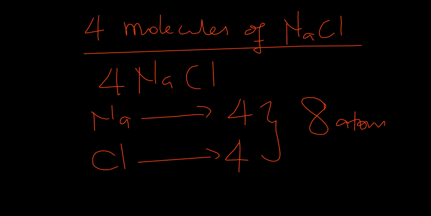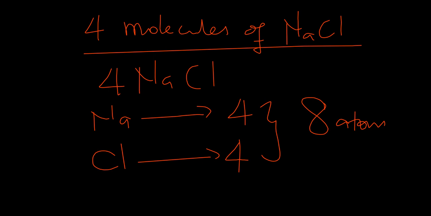If you are given a compound and asked how many elements are in it, you should be able to tell. And if you are also asked how many atoms are in it, you should also be able to tell. Again, if you are given 2 molecules or 4 molecules of a compound, and you are asked how many atoms are in it, you should be able to tell. It's as simple as that.